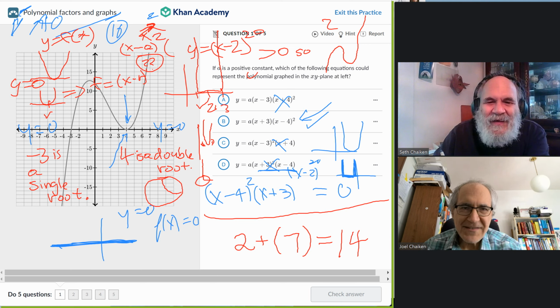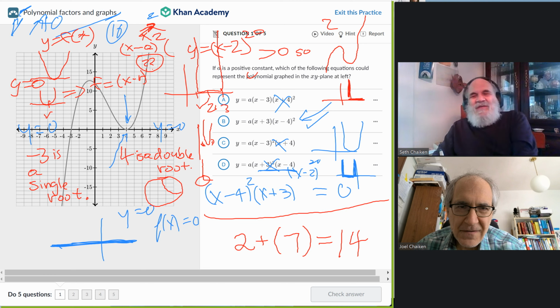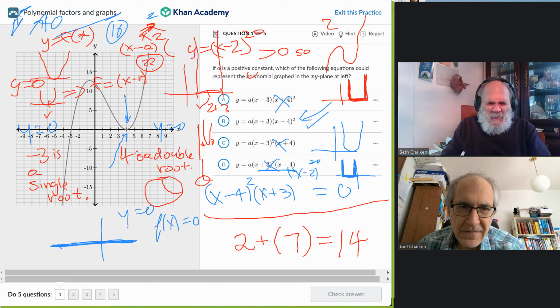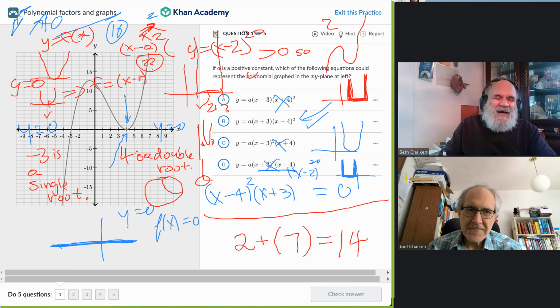But why does it flatten? I think the way to understand is to take your calculator and calculate what the value of y is when x is 3 1/10. It's going to be a big number.